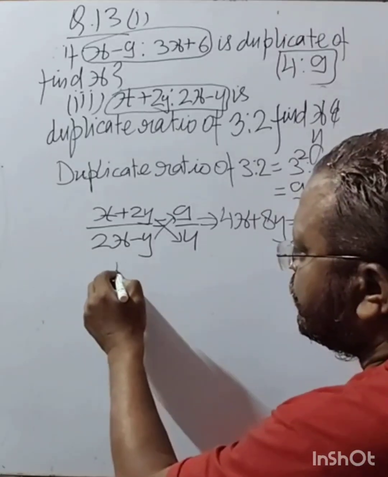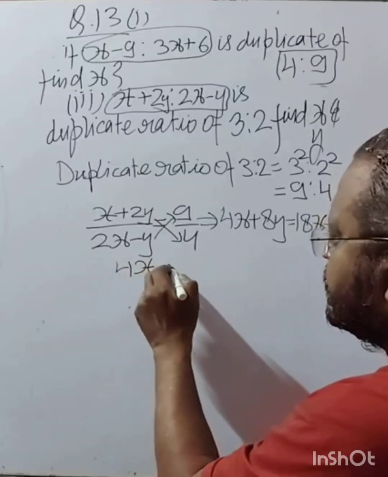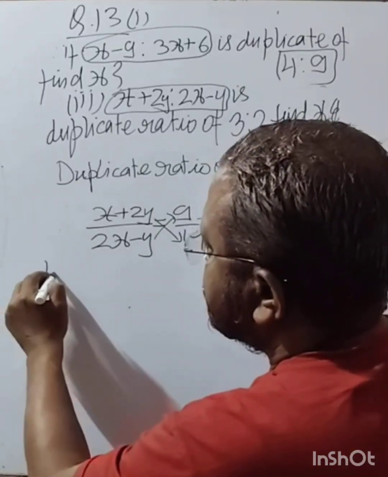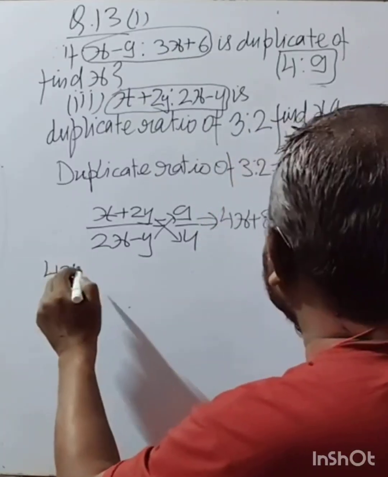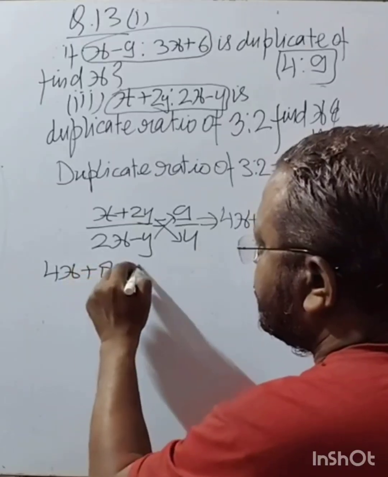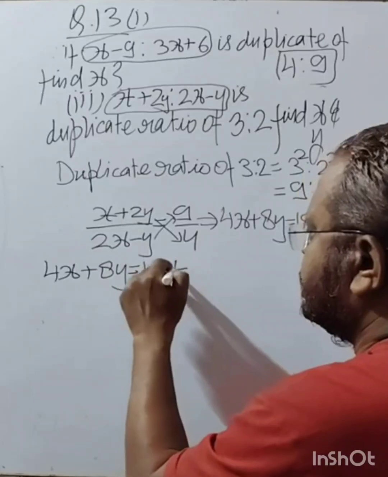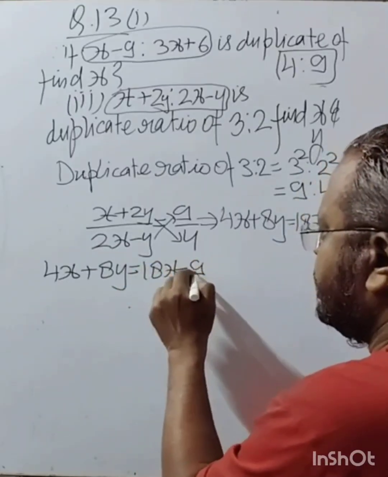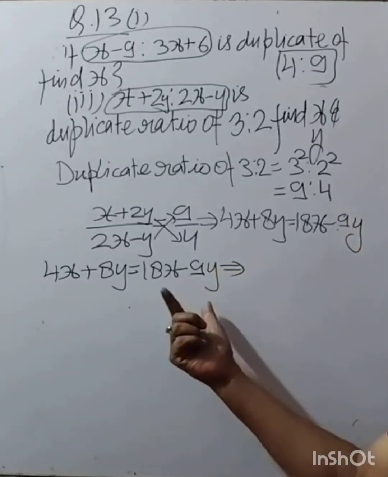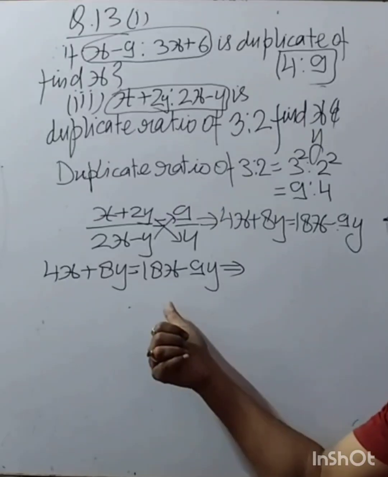So we are writing here 4x plus 8y is equal to 18x minus 9y, right? So you bring this 9y on this side and 4x you bring on this side, right?